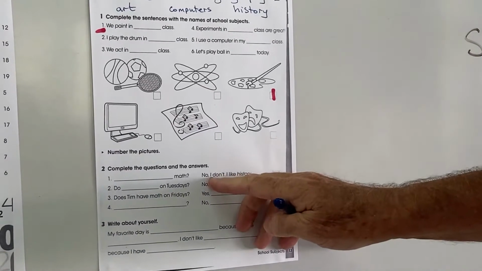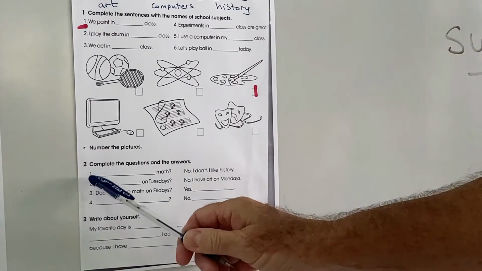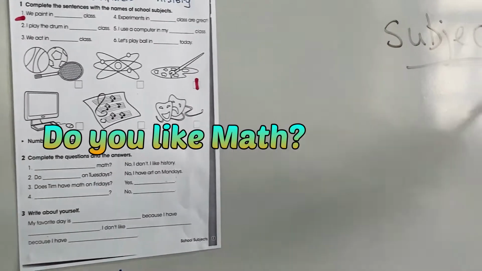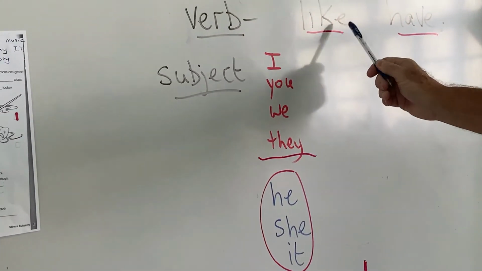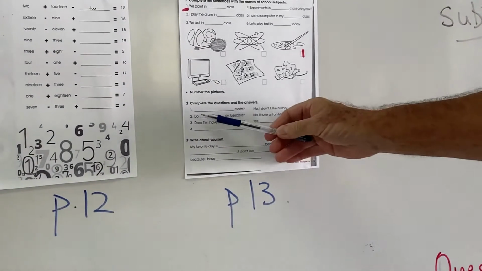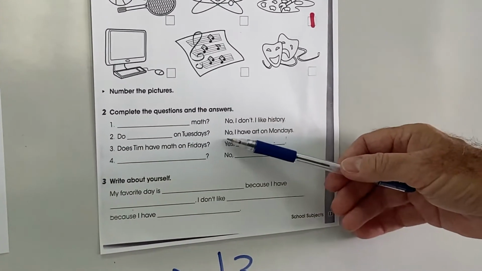The answer is I, the question will be you. So it would be, do you like maths? Our subject is you, so we just use the verb like. Do you like maths? No, I don't. I like history.